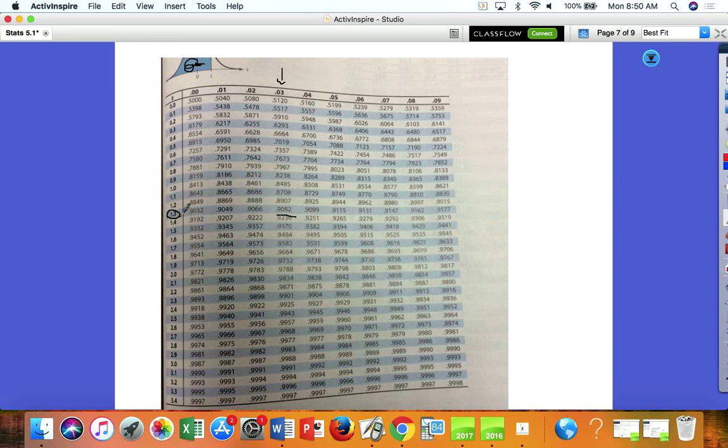So then go to the hundredths of 3. If it was 1.34, then you'd be here. If it was 1.35, it'd be here. If it was 1.36, it would be here. And again, what is this area? This is the area that is to the left of this. You guys see that shaded there? Okay, that's the area to the left, and that's the probability that somebody would be less than that value.